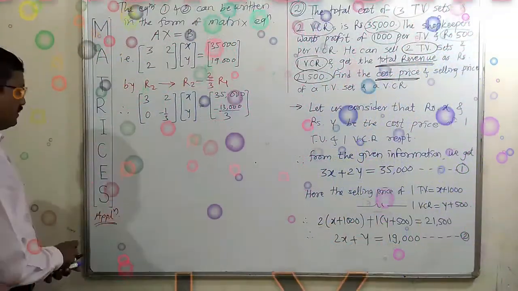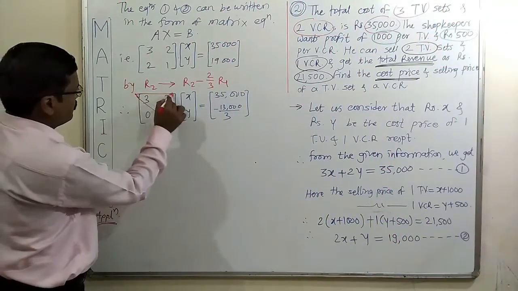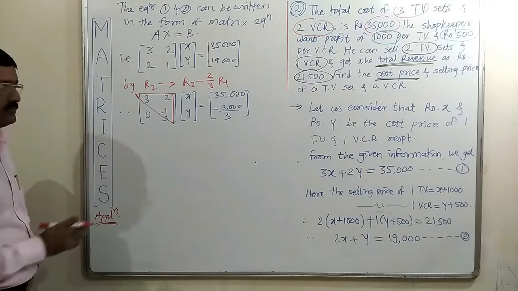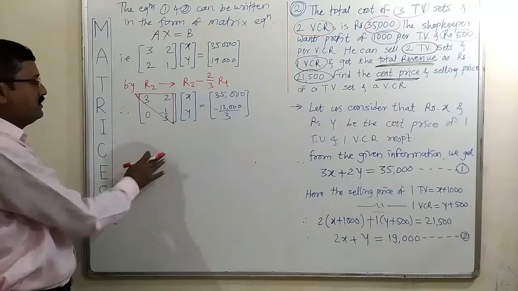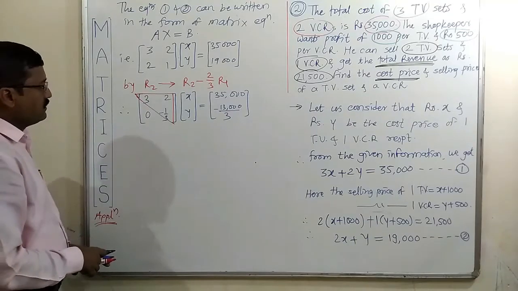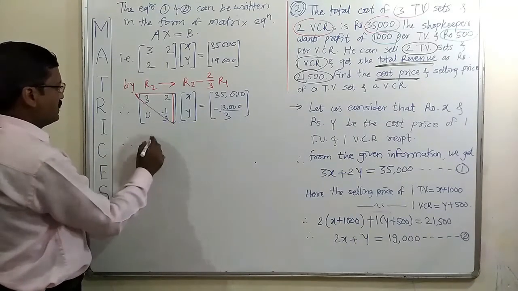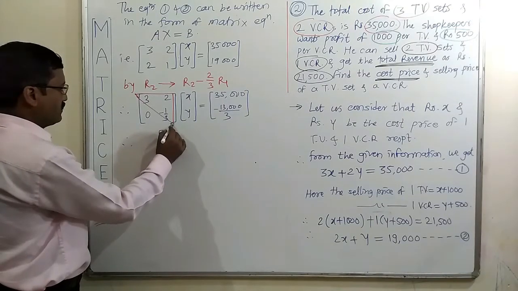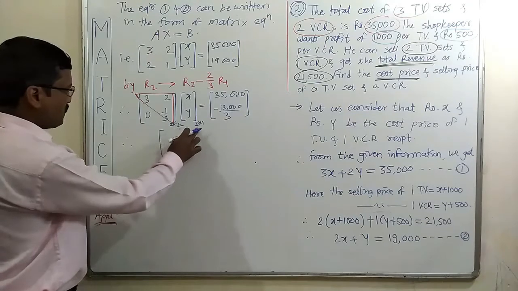So here we have an upper triangular matrix. We can write this matrix equation into simultaneous equations. Therefore, first take the matrix multiplication. This is a matrix of 2 by 2 order. This is of 2 by 1 order. The number of columns and number of rows are equal.